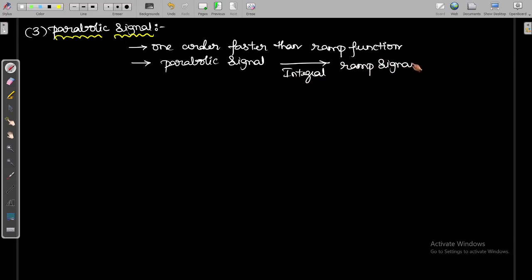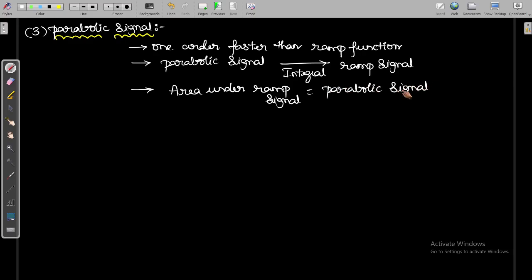So we can say the area under the ramp signal is the parabolic signal.